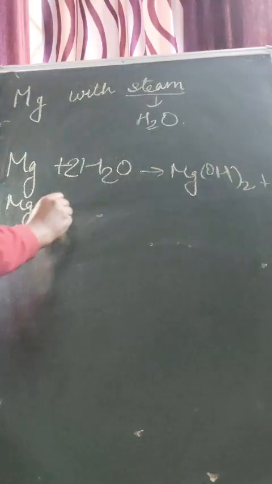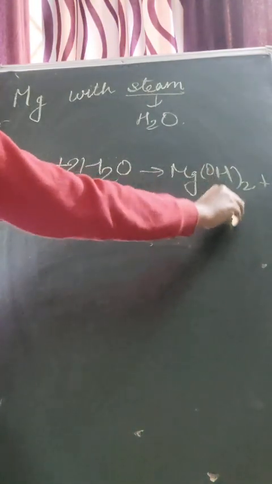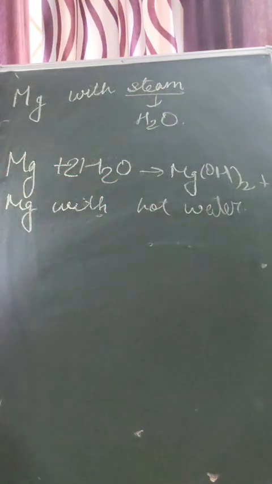But when this magnesium reacts with hot water, it produces some color which is white, which is, you can say, dazzling white light. Now when this hydrogen reacts with steam, just the steam is passed through.